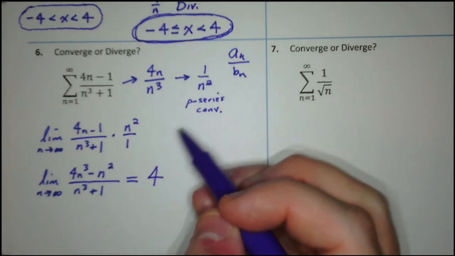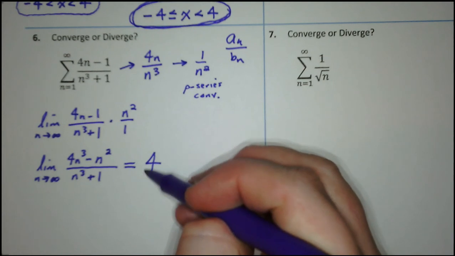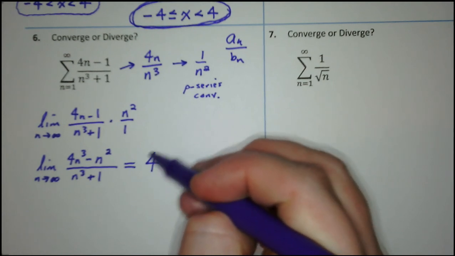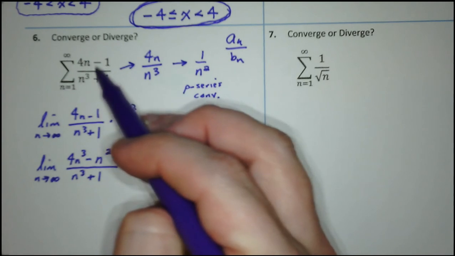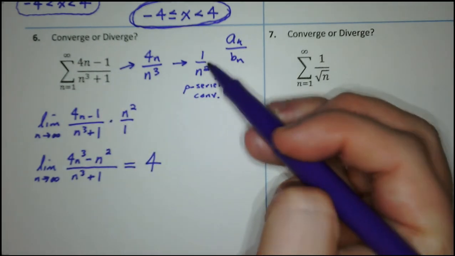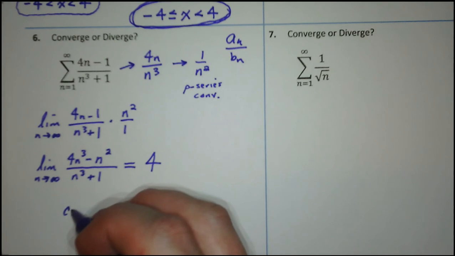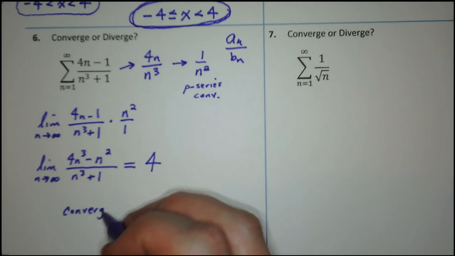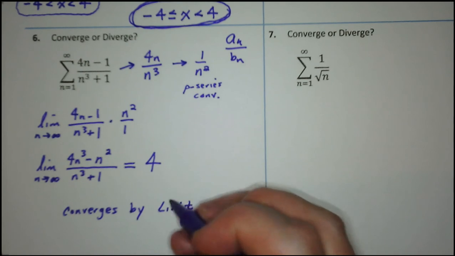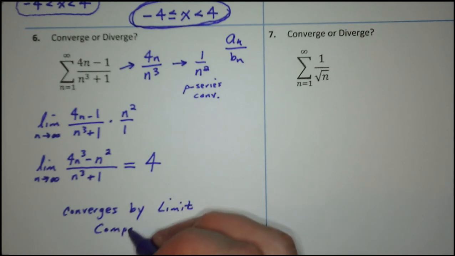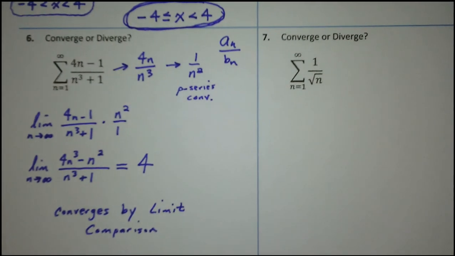Now, remember what it means in the context of the limit comparison test? If we got an answer anywhere between 0 and infinity, our series is going to do whatever the comparison series does. So our series converges by limit comparison based on how we got this as our limit. Okay?